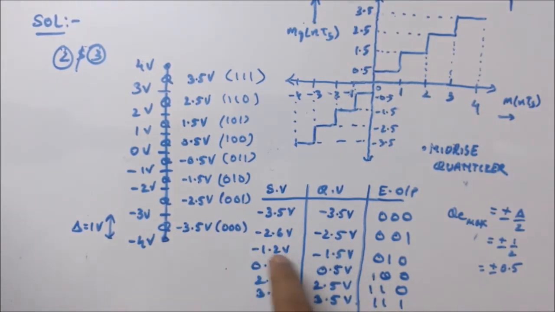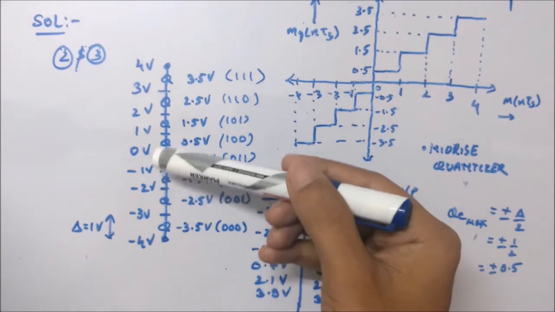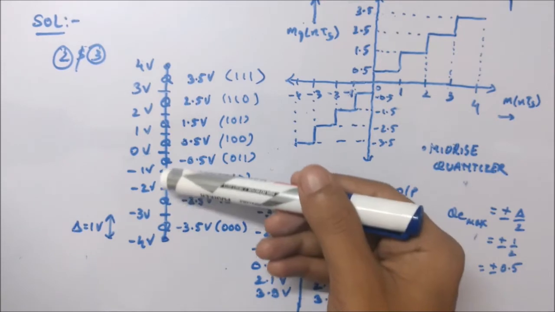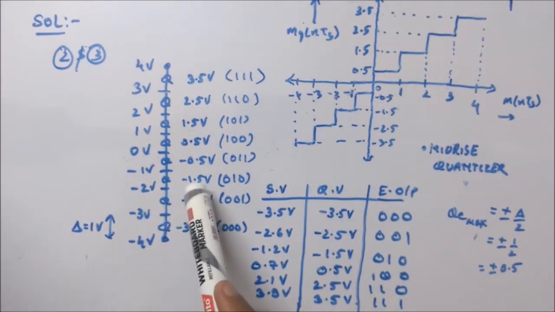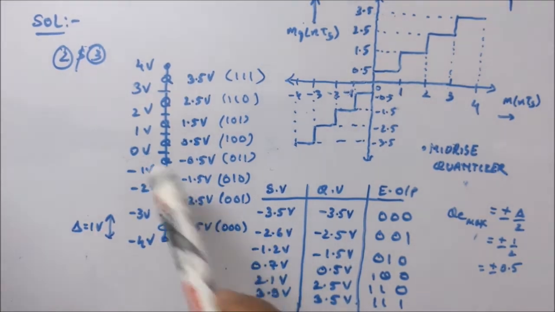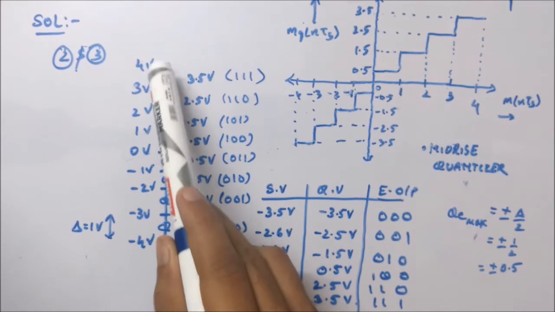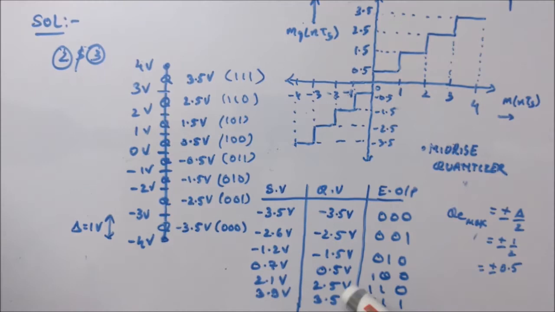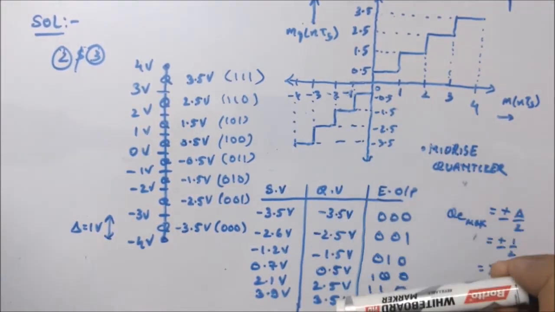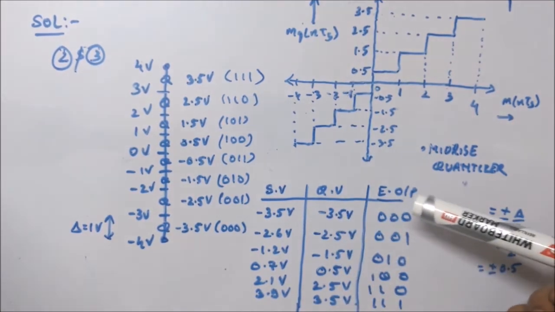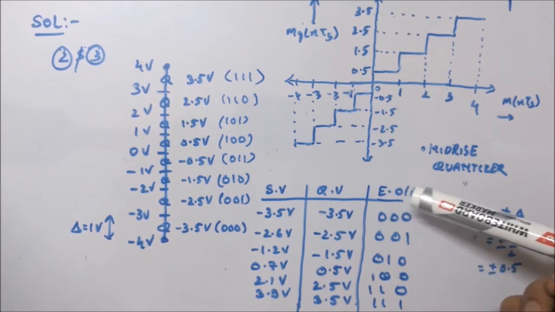Likewise, -1.2 volt lies between -1 and -2 volt, so -1.5 volt is the output of the quantizer. Likewise, 3.9 volt lies in the 3 to 4 volt range, that is why the quantized output will be 3.5 volt. Now similarly, looking at the quantized values, the encoder will give the output.